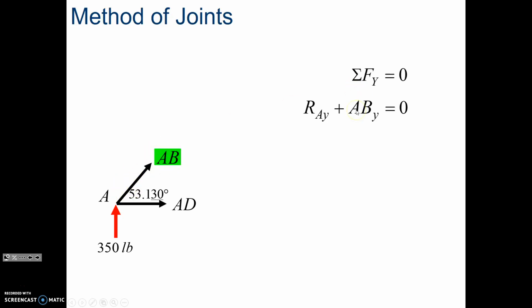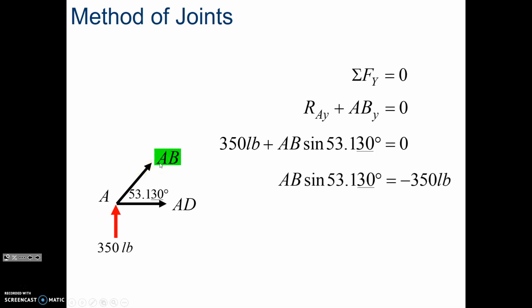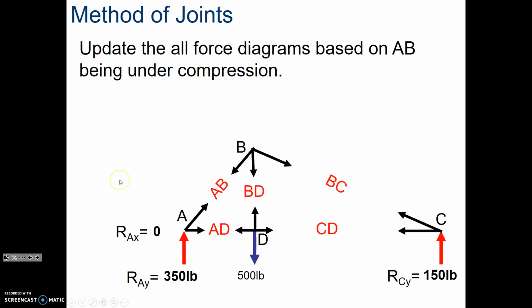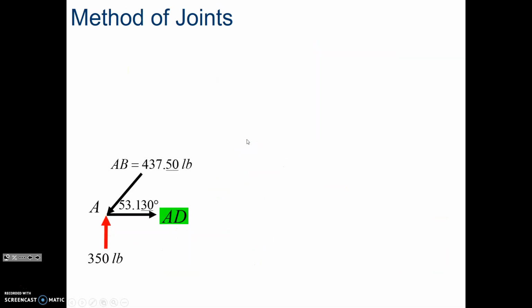So this is where we break AB into its components: AB sine of 53, the y component of our AB. We rearrange, solve for AB, and get negative 438. Notice it's a negative number, so that means it's a compression, so we flip our arrow around. What's happening on AB has to also be on BA. So now we have solved for that one.